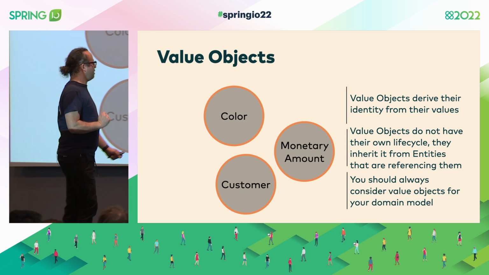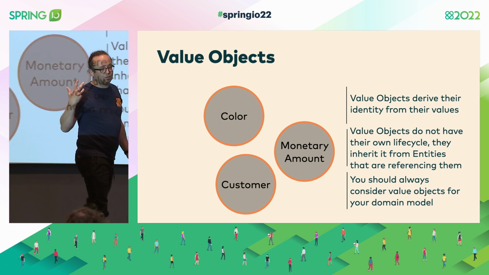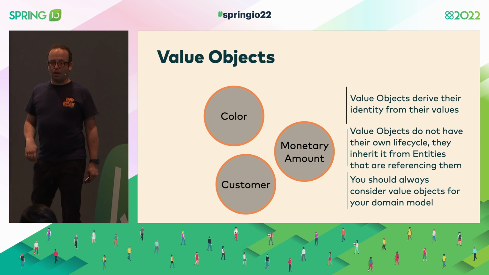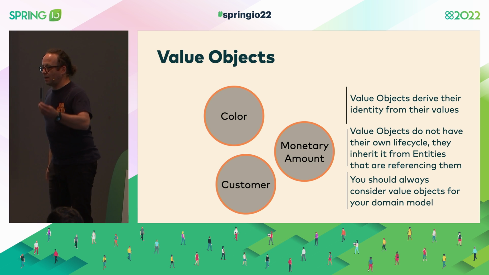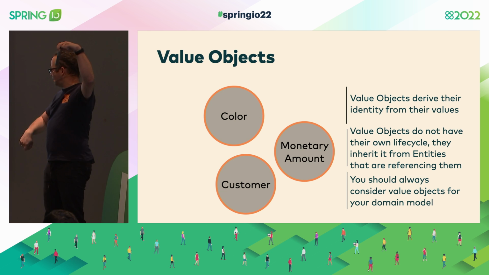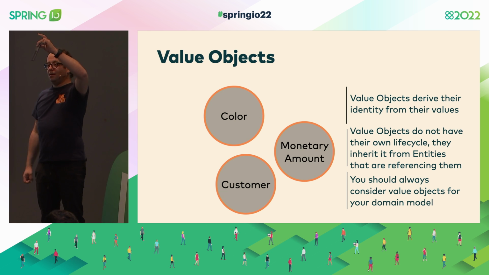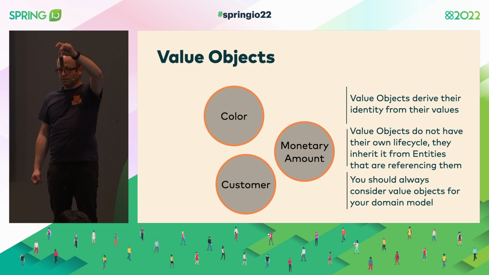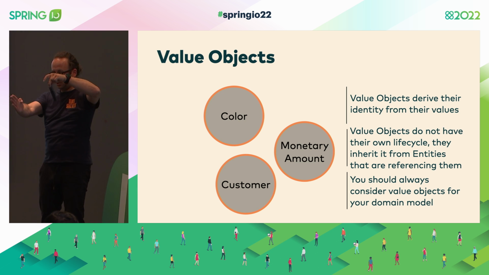The same goes for the value object. They derive their identity from the values which they have. So let's say I sell this presenter for 100 euros. I won't, because I need it. I don't care with which 100 euros you pay me for that presenter. I just want 100 euros.